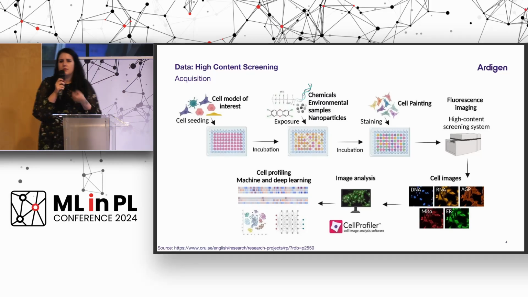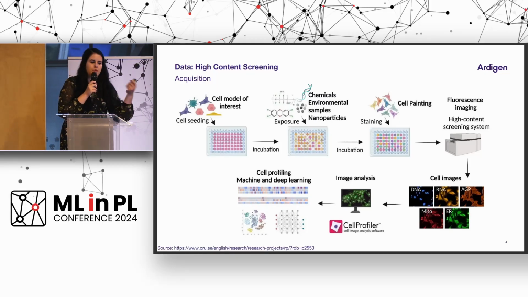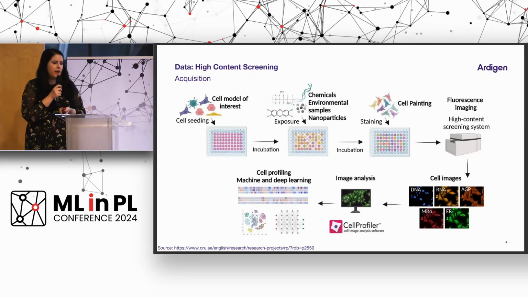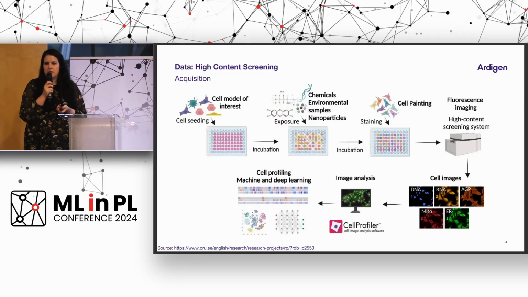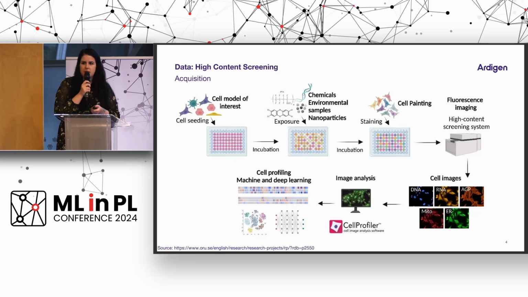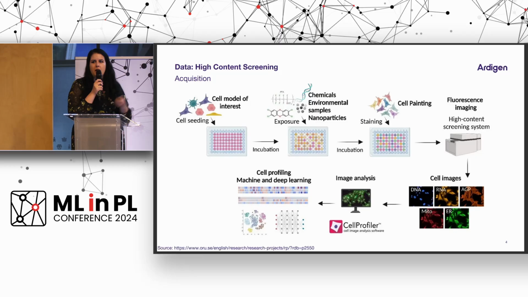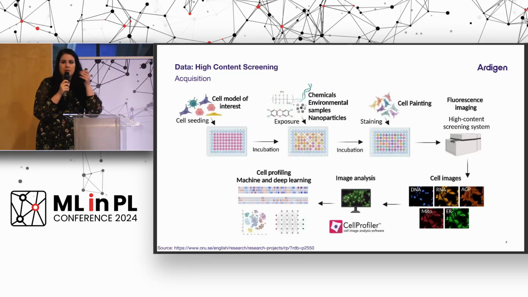The cells have to grow, have to interact. There has to be time for the chemical compound to actually do something. And then we are staining the cells. Here we have cell painting, which I will be introducing in a second. But the main point of staining cells is that we want to dye different compartments of the cell so we can see different parts.